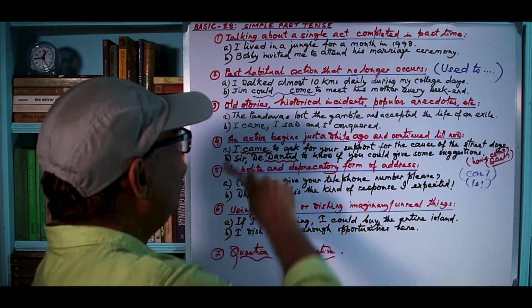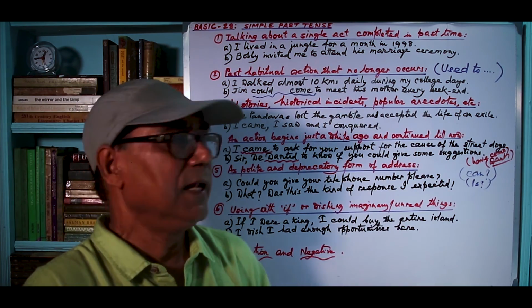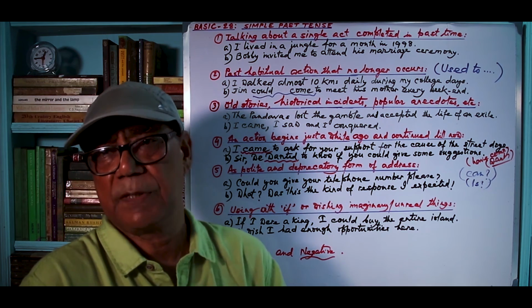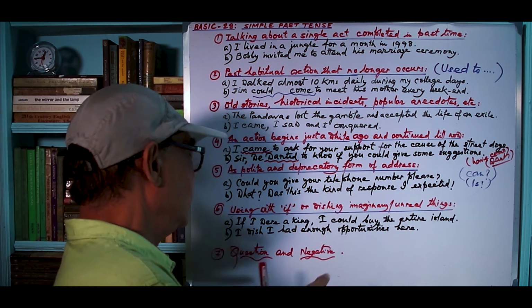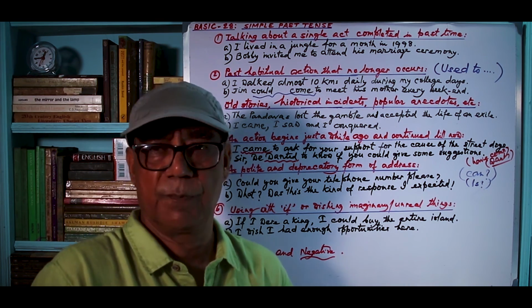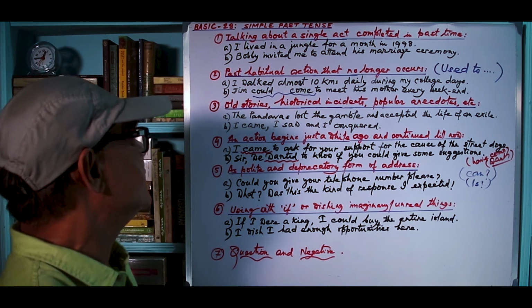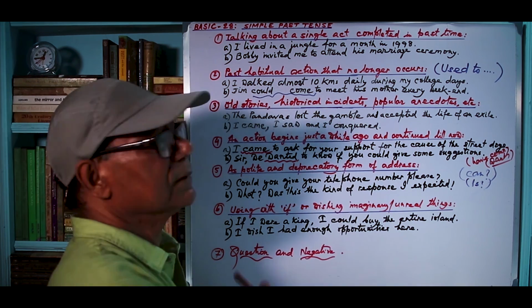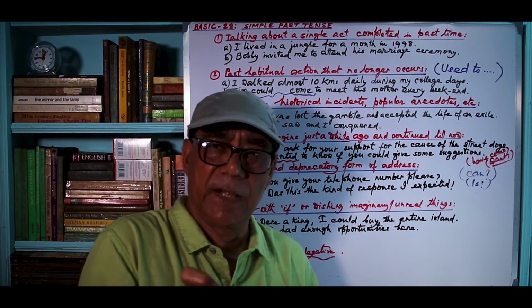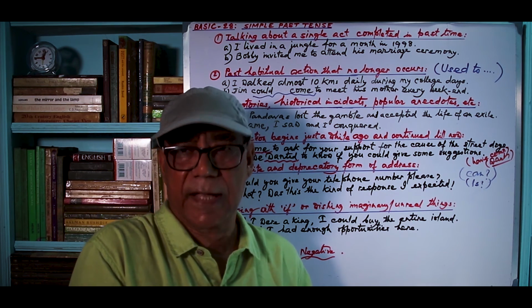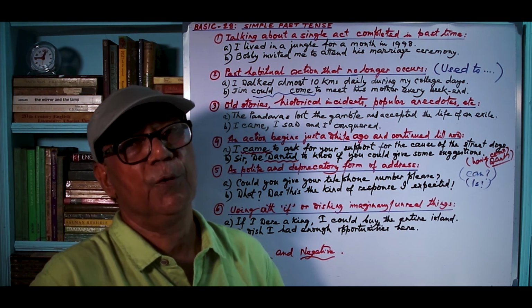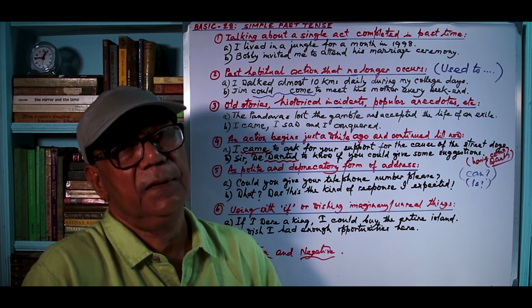Now this is all that we have mainly. You can of course have some question forms and negative forms. We have done those things before, but I give an example. Say, the Pandavas lost the gamble. Did the Pandavas lose the gamble? This is the question form. If you want to make it negative, simple.